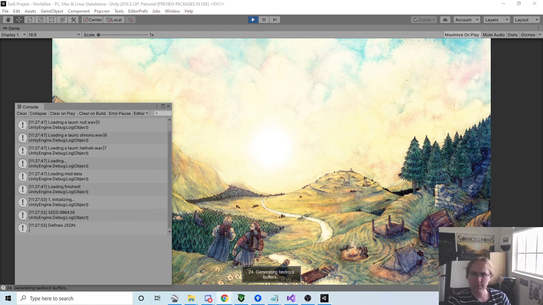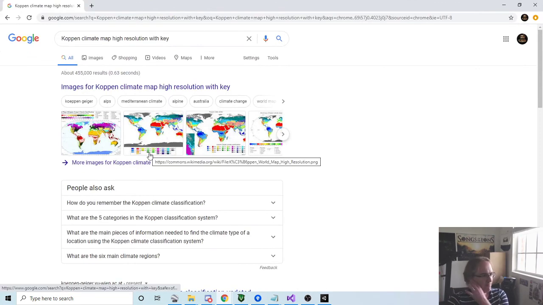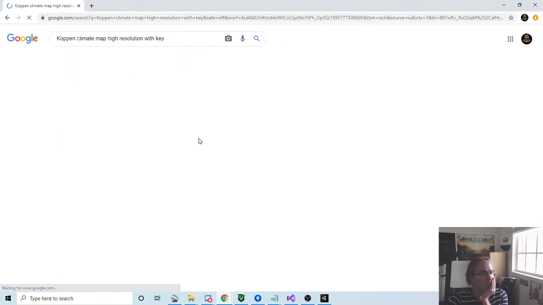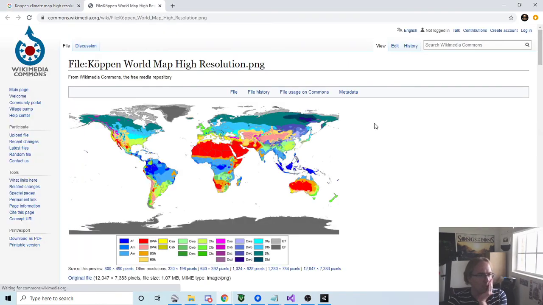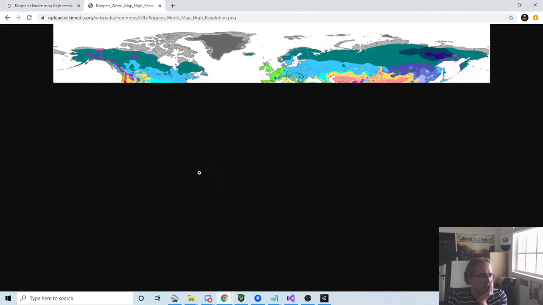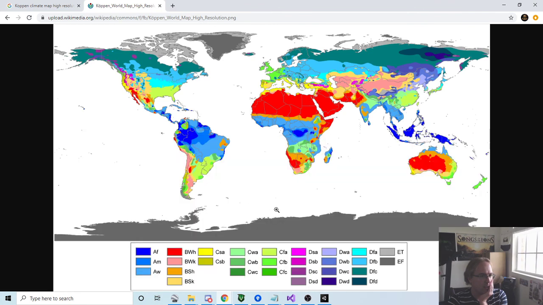See anyone volunteering? Fine. I will find. High resolution with key. Oh, here's a wiki version that I missed somehow. Looks weird though. Is this accurate? Something looks off.